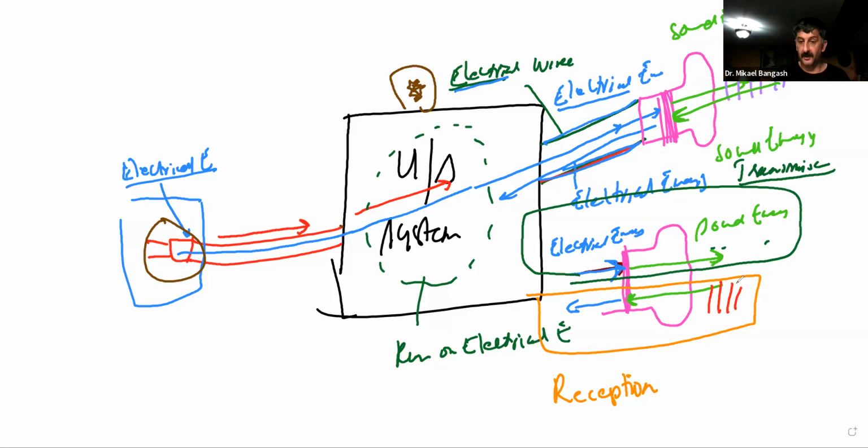To make use of the sound wave that reflected back, that sound energy has to be converted back into electrical energy so that it can be conducted through the electrical wire back to the system.